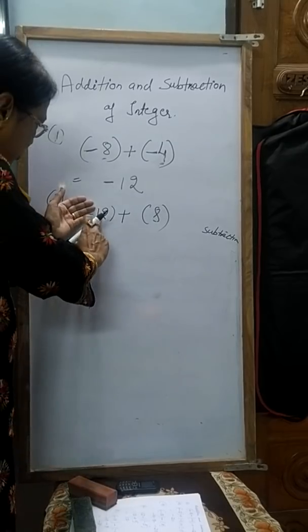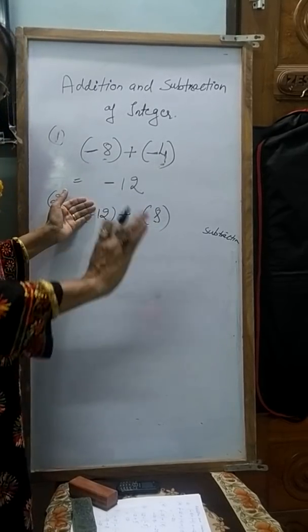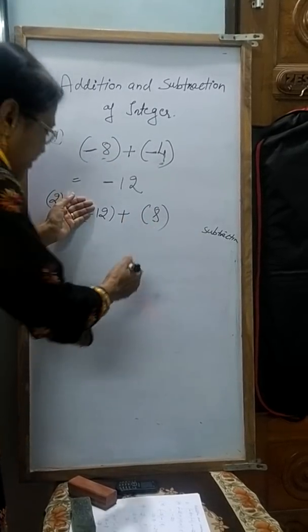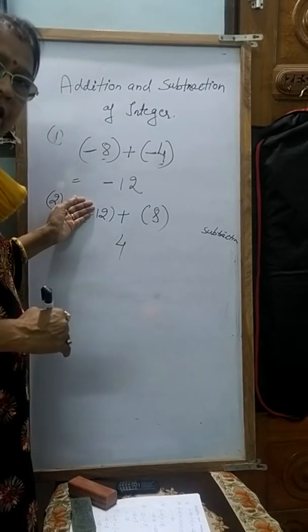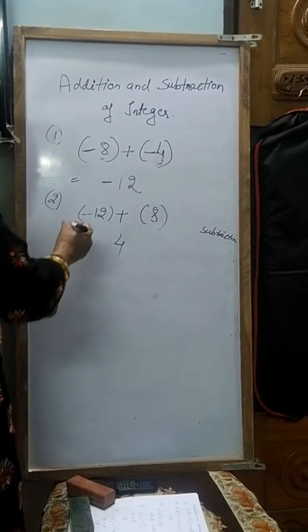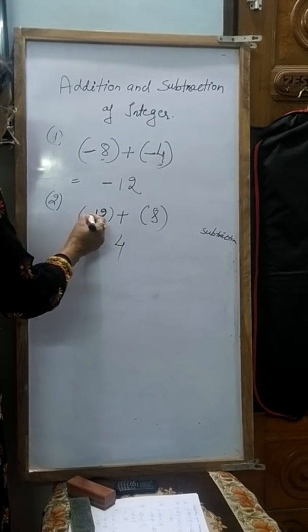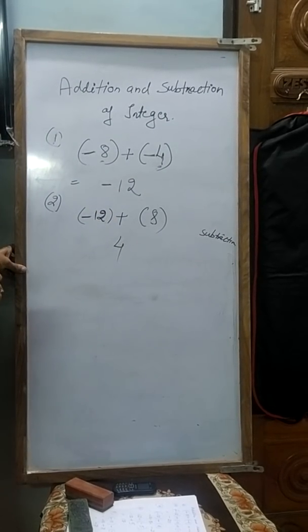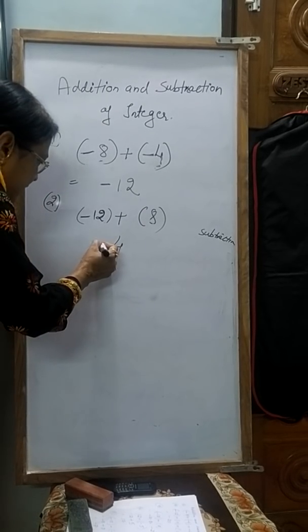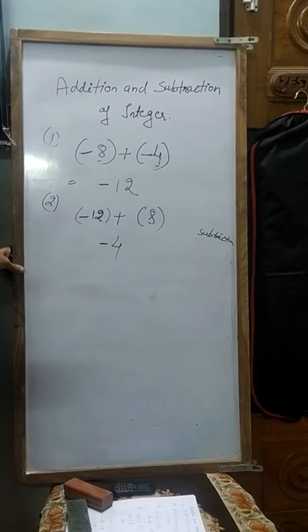Like if you take 12 and 8, you know that 12 minus 8 is equal to 4. But in this case, 12 is the greater number with a negative sign. So the answer is minus 4.